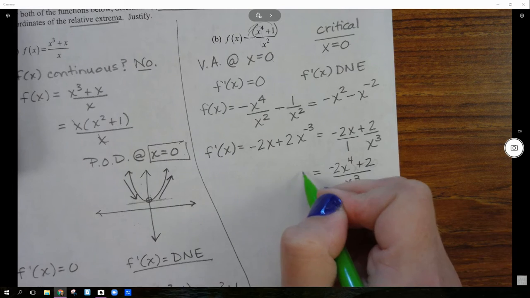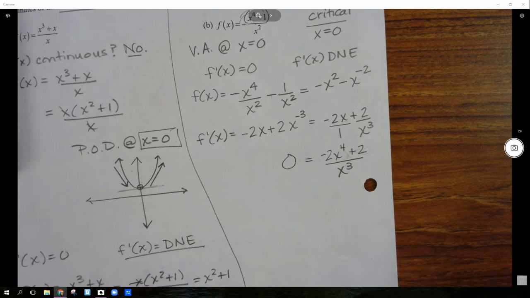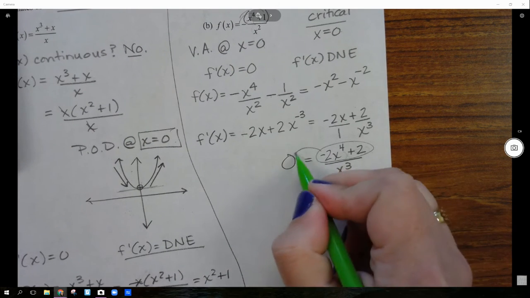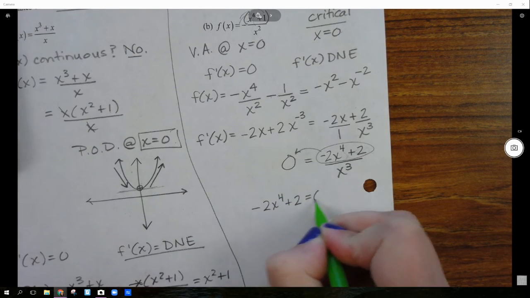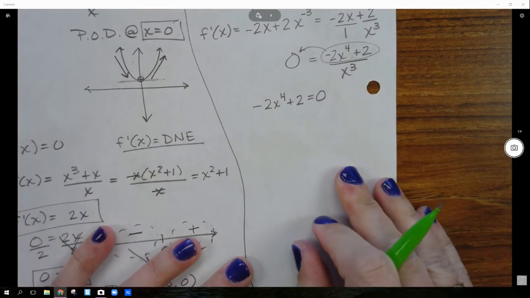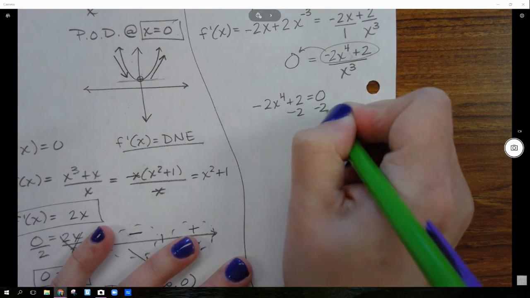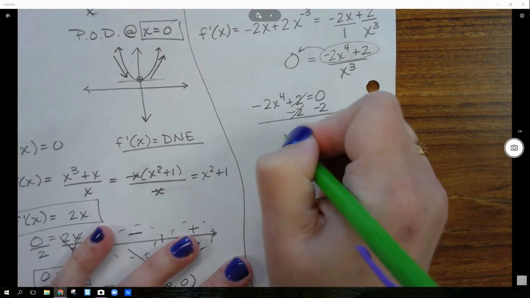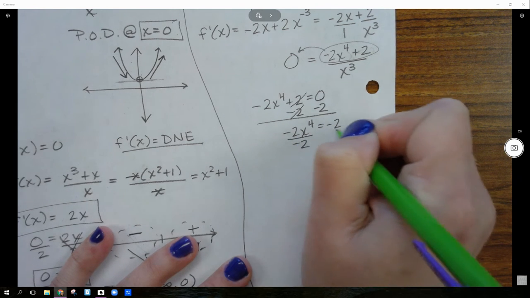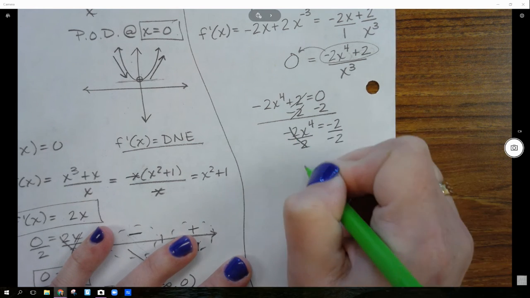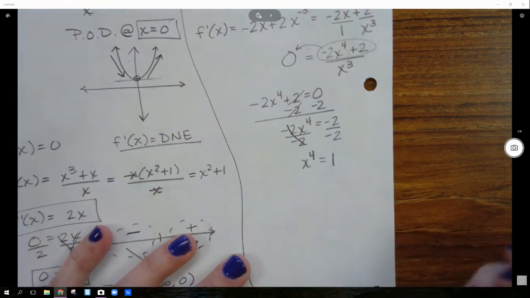We're going to set this equal to 0. Only set the numerator equal to 0. So negative 2x to the 4th plus 2 equals 0. Subtract 2, or you could factor out a 2, either one. Negative 2x to the 4th equals negative 2. I'm going to divide by negative 2, so x to the 4th equals 1.